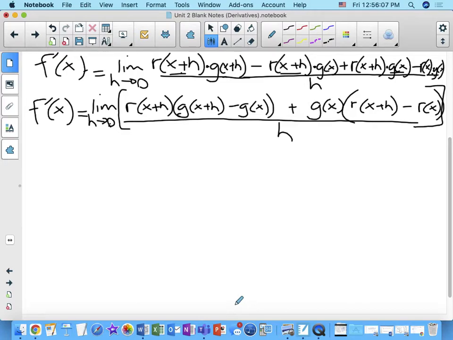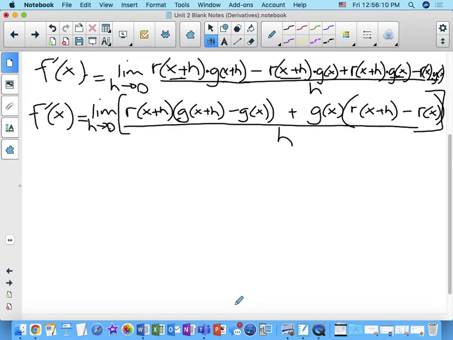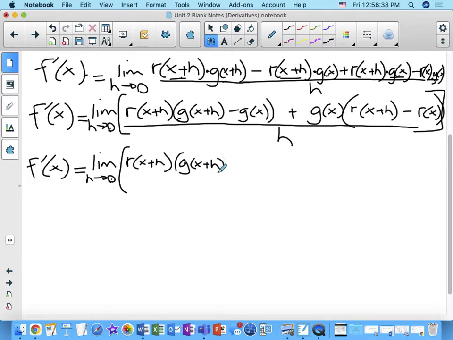So now what I'm going to do is split this up into two different fractions, and in fact, into two different limits. I'll split it up into this limit plus this limit. So this one is the limit as h approaches 0 of r of x plus h times g of x plus h minus g of x over h.